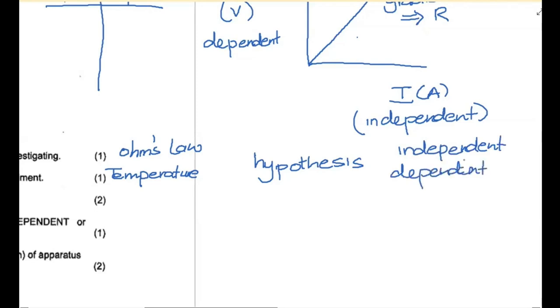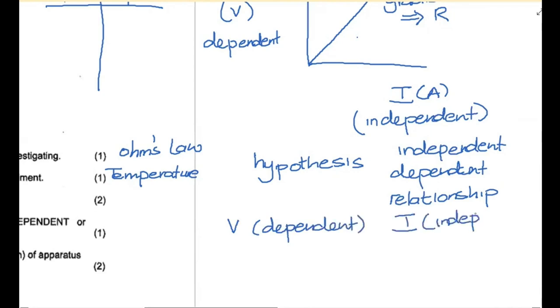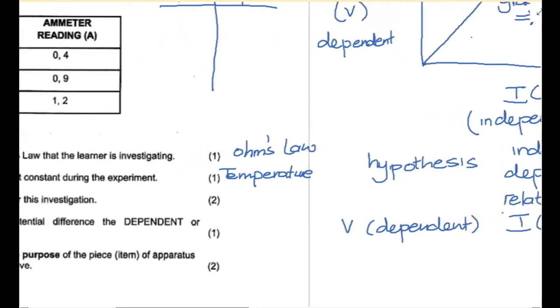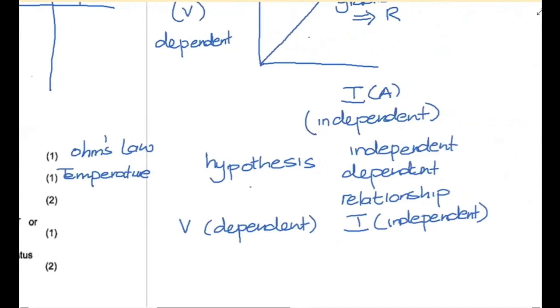You must mention the relationship. Now the dependent depends on the independent. So we've said in this investigation that V was our dependent and that I was our independent. So when you give your hypothesis, grade 11s, you've got to be very careful.